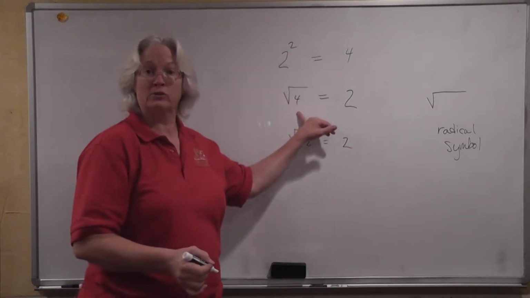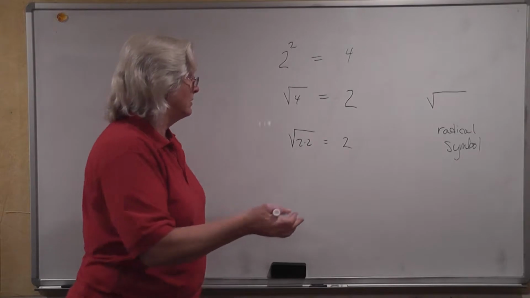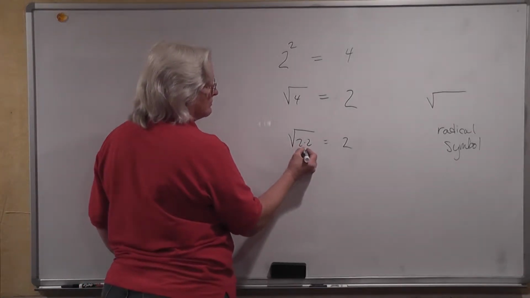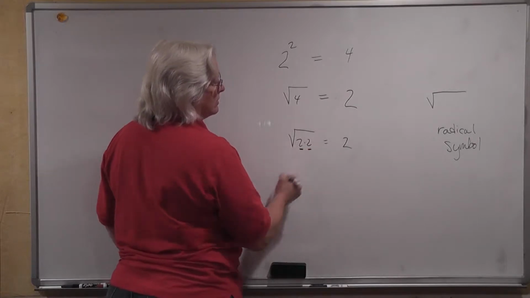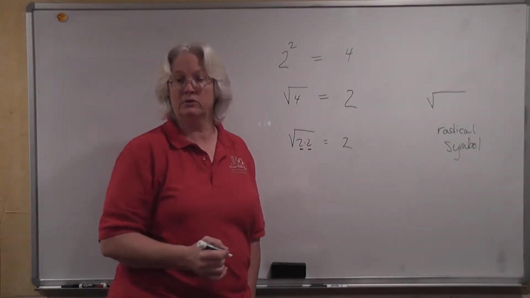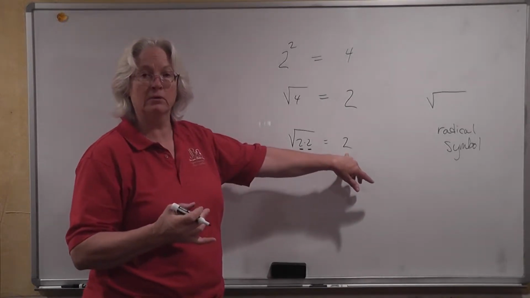If we were to factor 4, that's equal to 2 times 2, isn't it? We have a double factor underneath that radical sign. 2 times 2 is 4. So the square root of that number is 2.